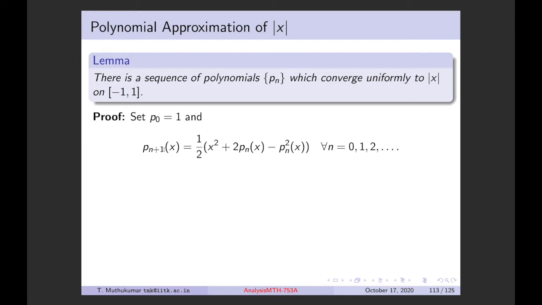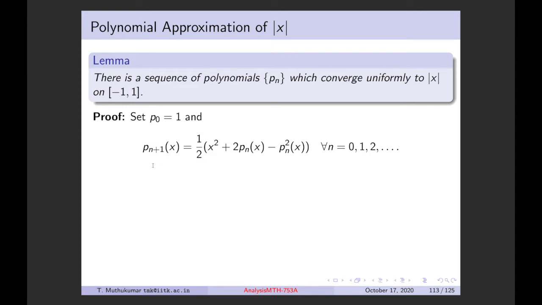So it's p_{n+1}, where n can start from 0. So p1, p2, everything is defined here. p1 is defined in terms of p0. For instance, when p0 is 1, you have 2 minus 1 squared, so 2 minus 1 is 1, and it's x squared plus 1 over 2, which is the polynomial p1.